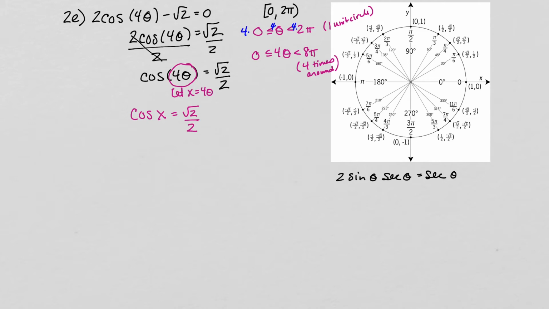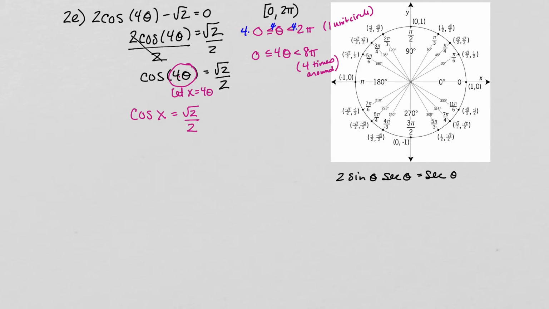Questions about that so far? We're still not done with the problem, but any questions about what's going on so far? Where did you get the number 4 from? It's from the original problem, right in here. It says 4 theta, so that's where I got a 4. If this had been a 3, I would have done 3, and we'd be looking at 3 theta. If this had been a 1/2, I would have done 1/2.